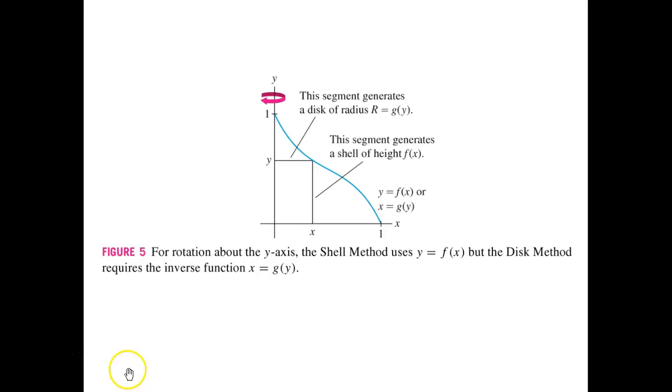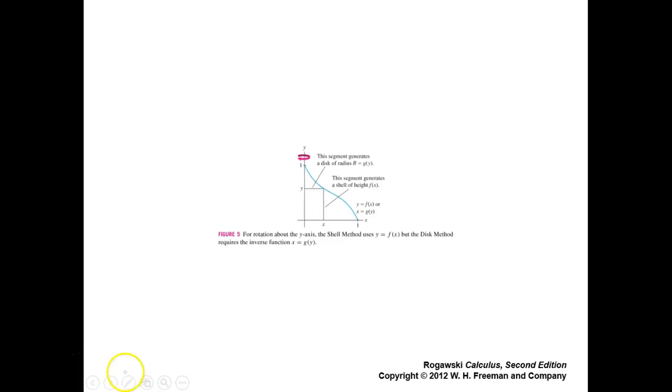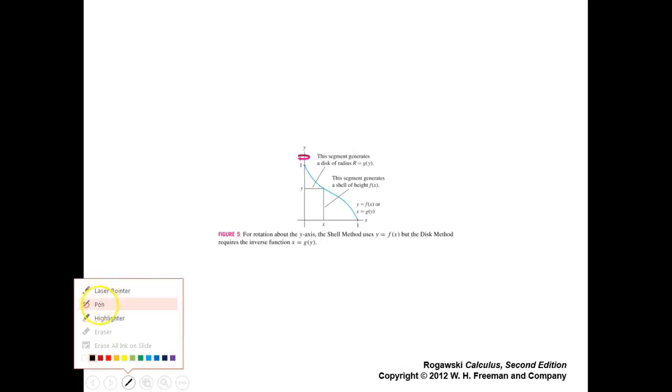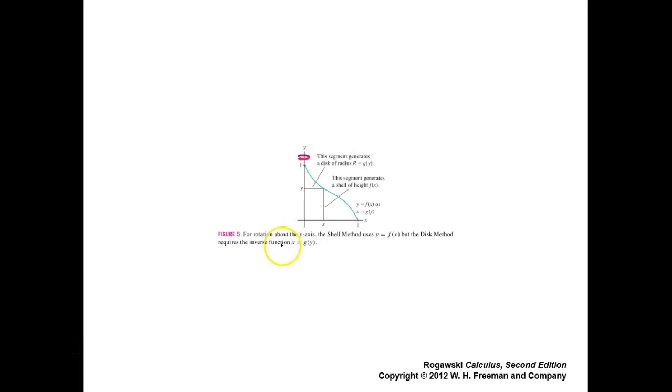What I'm going to do here is, if you remember what that function was, f of x is equal to, which is your y, 1 minus 2x plus 3x squared minus 2x cubed.